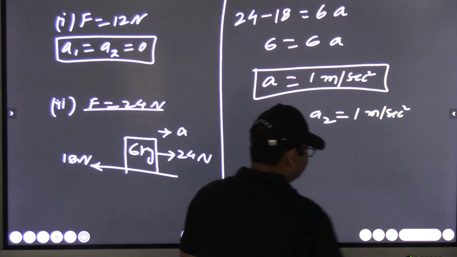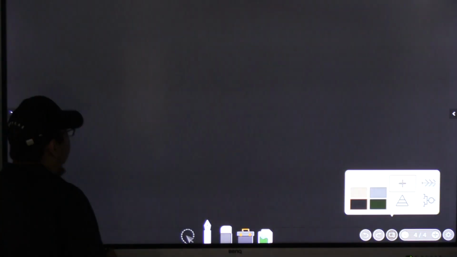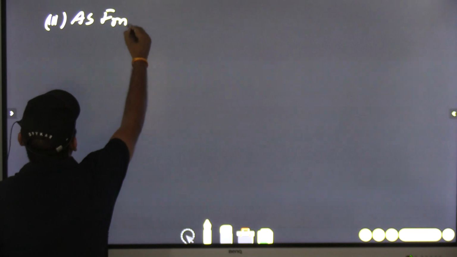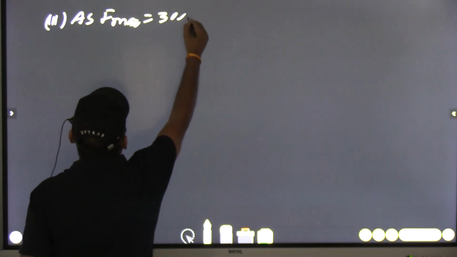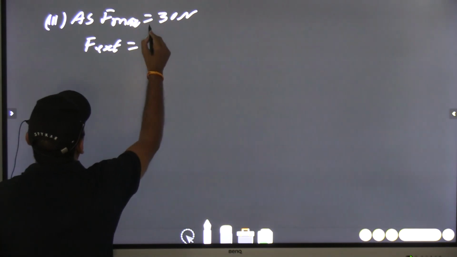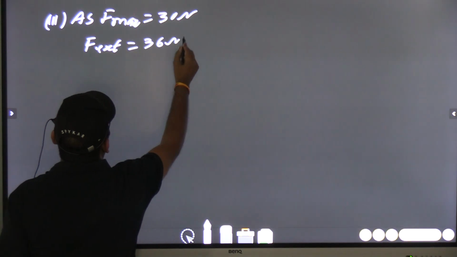See, 30 Newton, right? So in third part, as F max was 30 Newton and F applied is the externally applied force, that is 36 Newton, right?